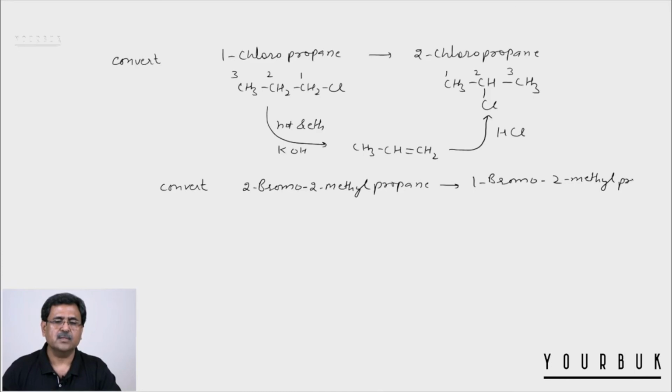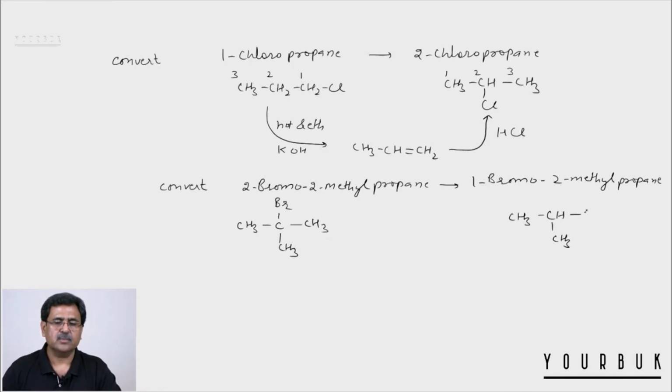So again we write the structures first. Now this is 2-bromo-2-methylpropane, and our aim is to prepare 1-bromo-2-methylpropane.